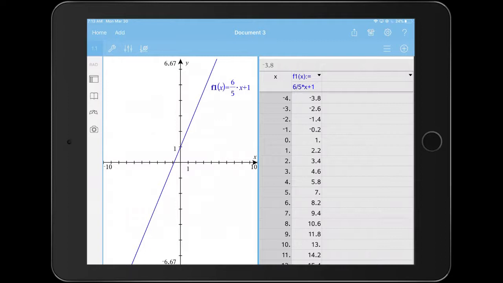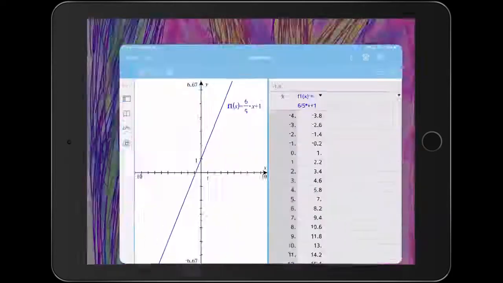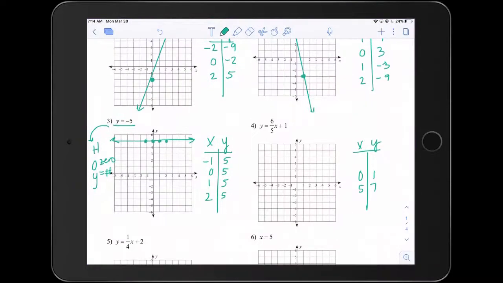I see a good point at 0, 1, and then also 5, 7. Now, just because I want to write the table of values and make sure that I have solid points, let's do 10, 13, and write that point down as well, even though I know I'm not going to be able to plot it. So 0, 1, and then 5, 7.